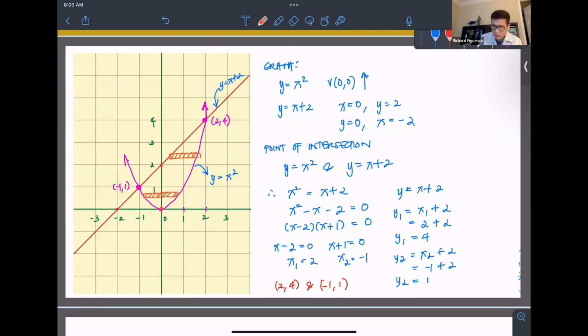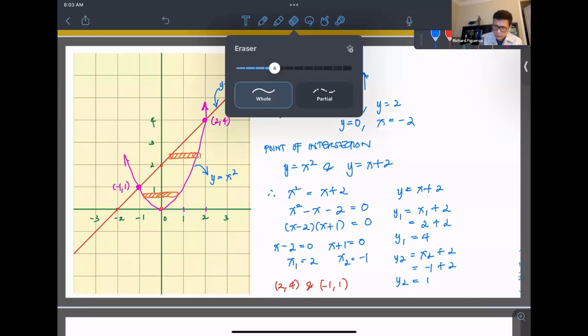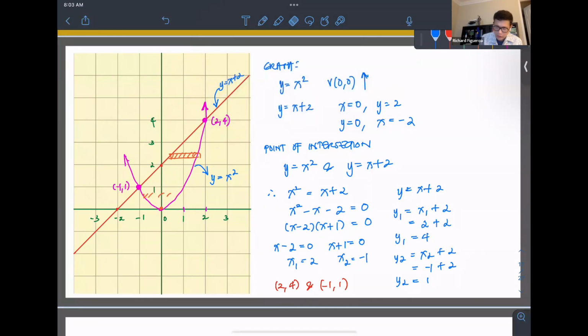So what are we going to do? What we can do is use a vertical strip. So we need a vertical strip for us to find the area of this.